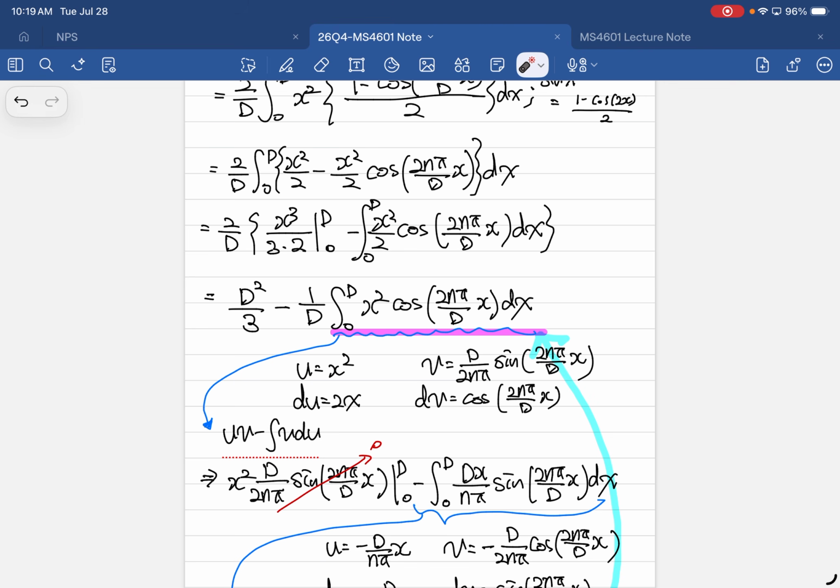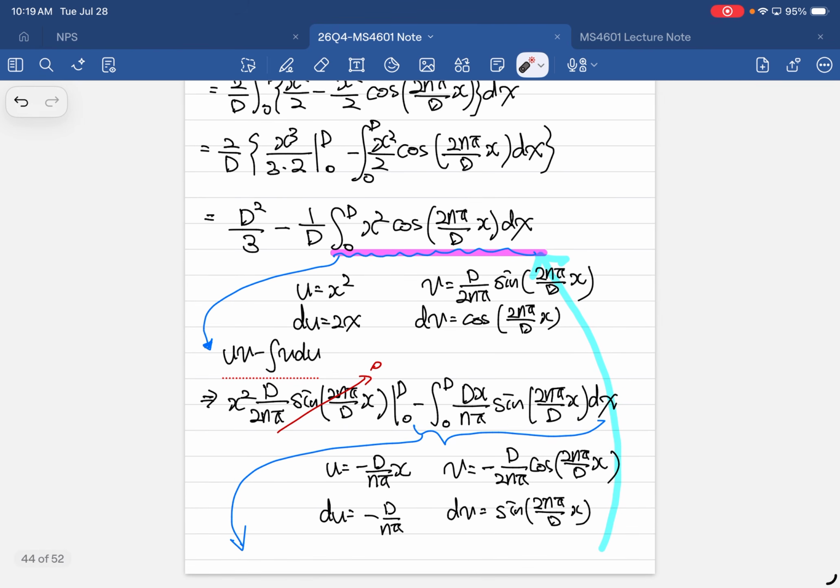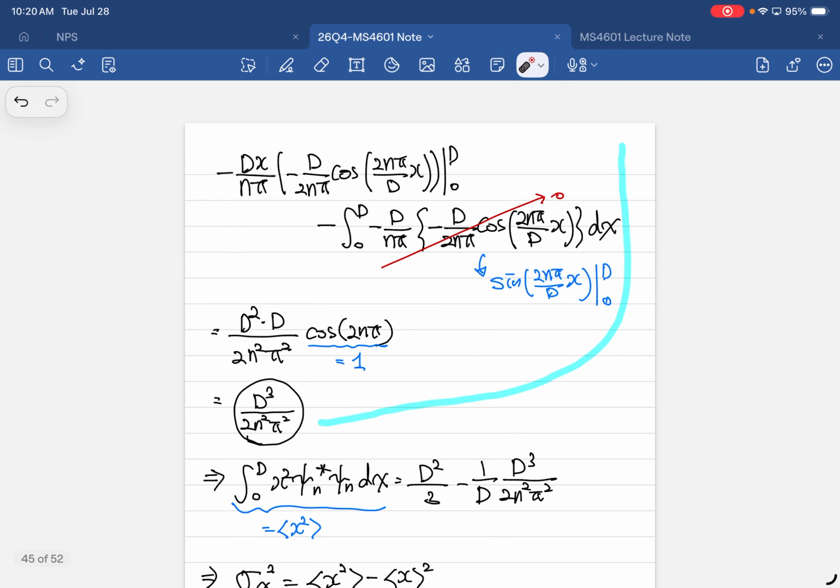Here x is here, and sine x is here, so you have to do integration by parts one more time. This is setting up integration by parts again, using these terms, and then this is the expression we get.